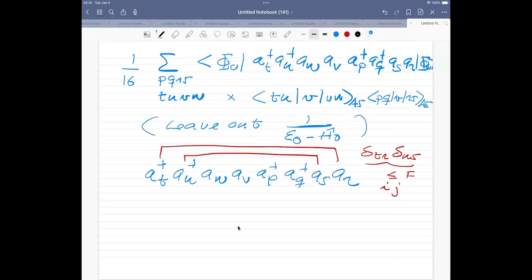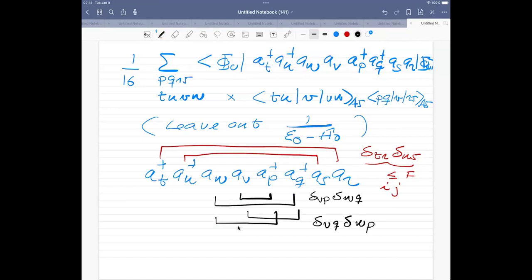Then what I can do next is keep that fixed, and then I can have this one, but then I can also have this one and that one. So I'm going to get a delta VP and a delta WQ, and here I have a delta VQ and a delta WP.